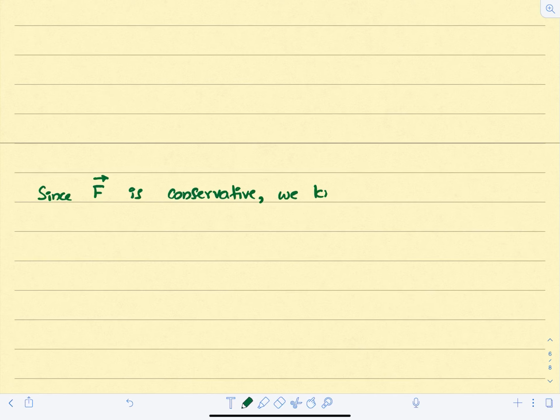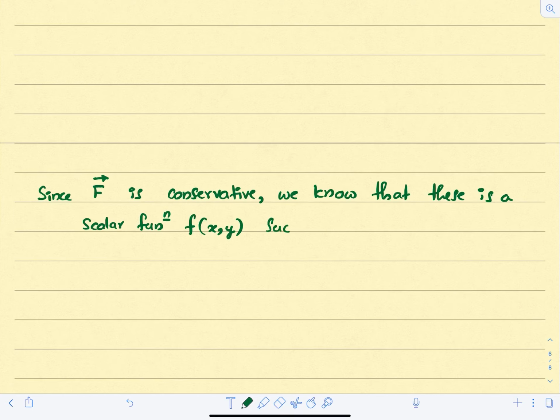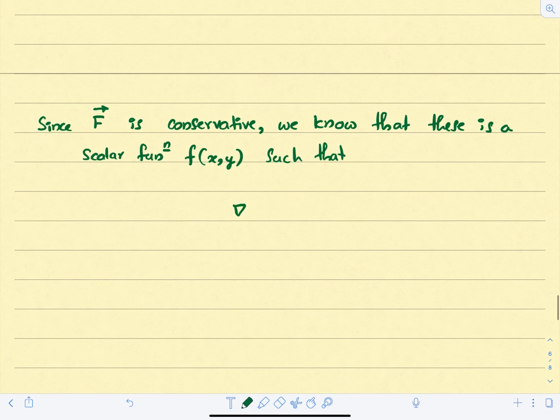we know that there is a scalar function little f, with two variables x and y, such that its gradient equals the given vector field f.